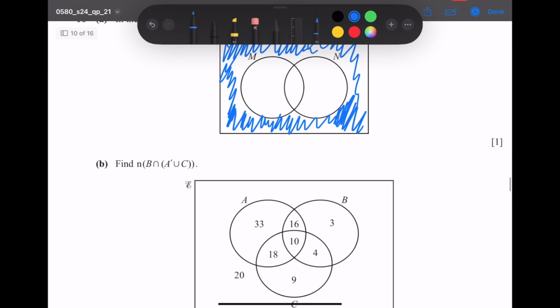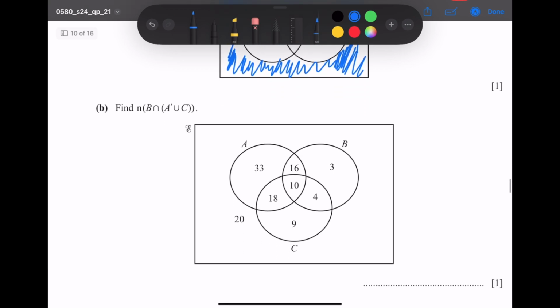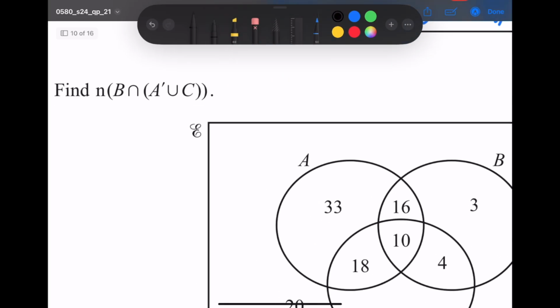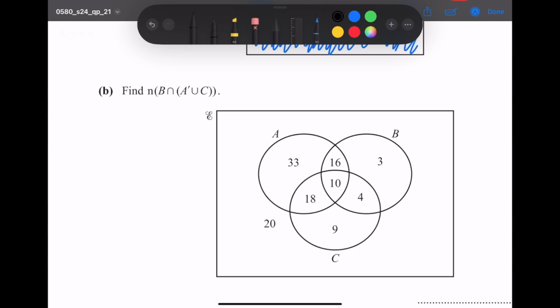For question B, find the number of elements that is both in B and is either in A prime or C. So in this case, we can treat intersections as "and" and unions as "or".